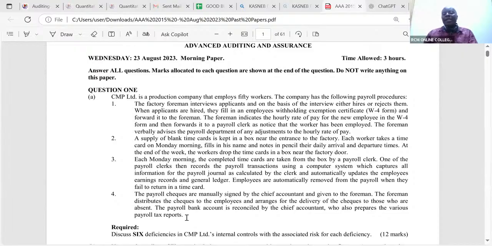So they want us to discuss six deficiencies in CMP Limited's internal controls with the associated risk for each deficiency. Ladies and gentlemen, allow me to read the answers here because I've already discussed most of that.